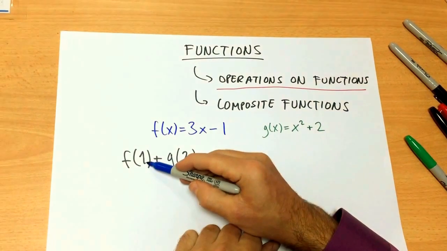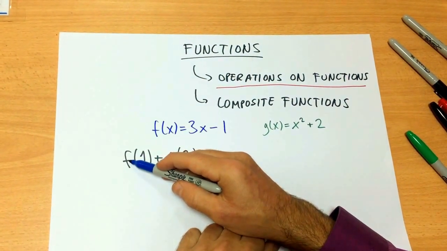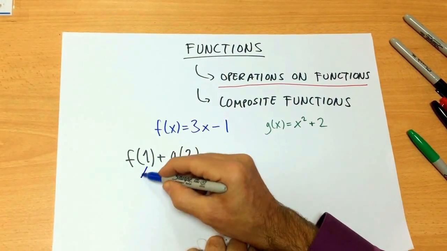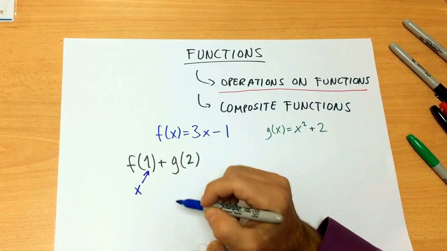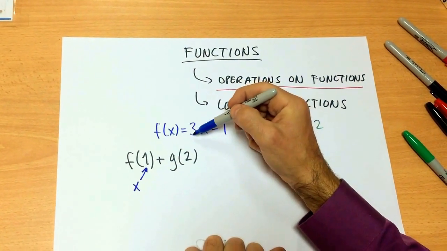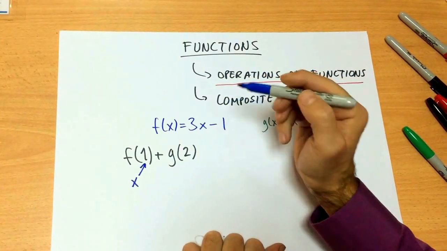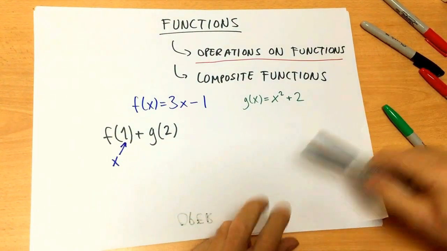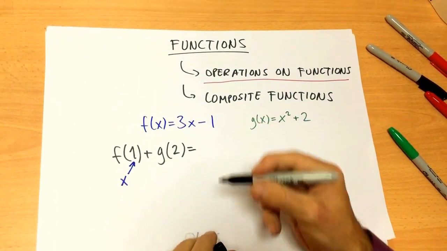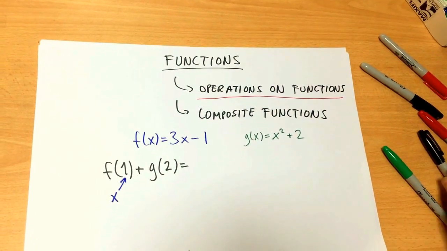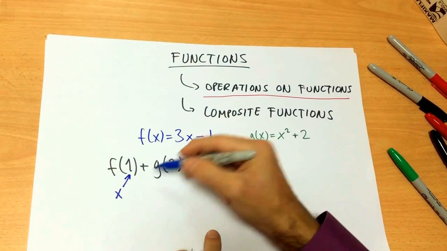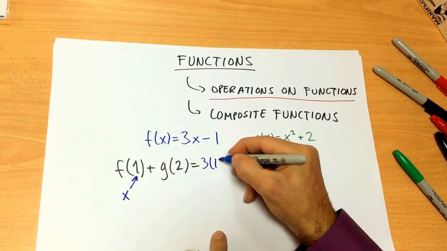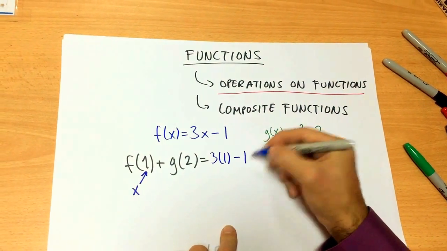So the number 1 is the input to the function f. It means that the x for my f is something that I should multiply by 3 and then take minus 1. So, okay, if I follow the rule for f, I should have 3 times 1 minus 1.